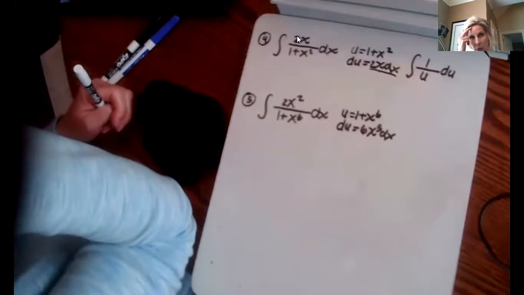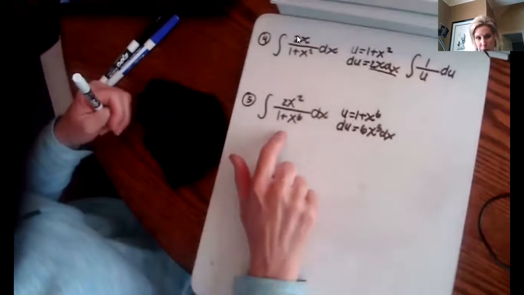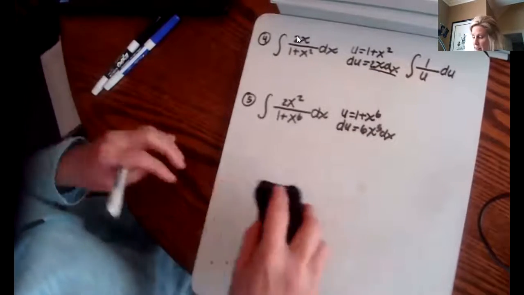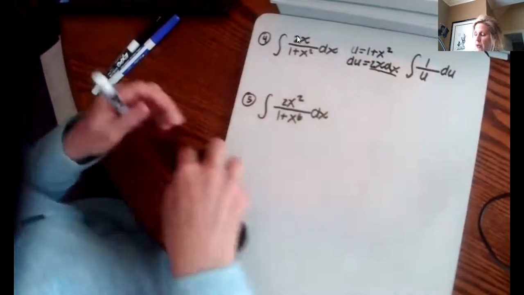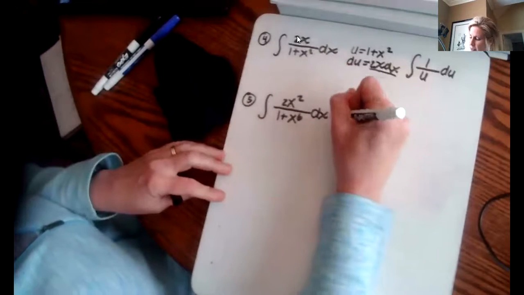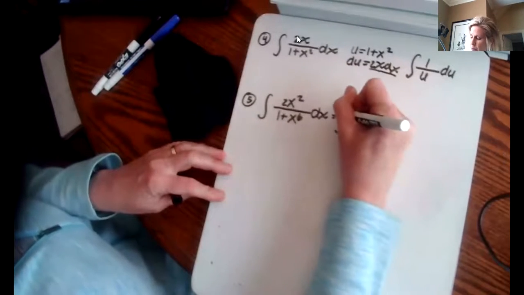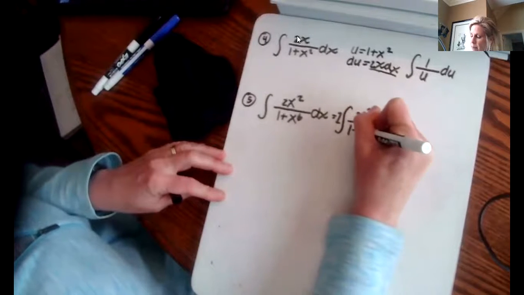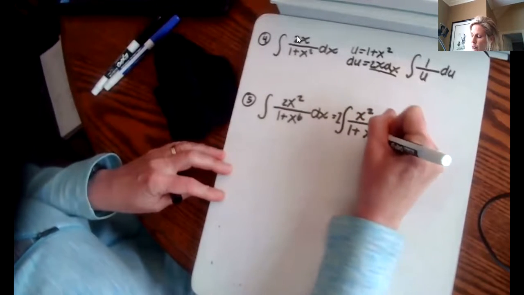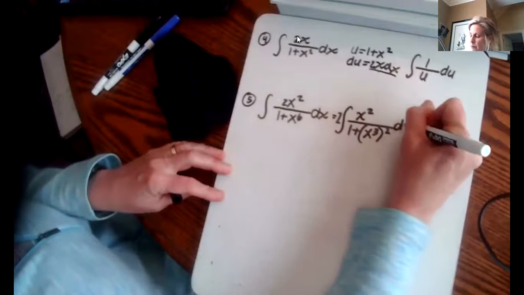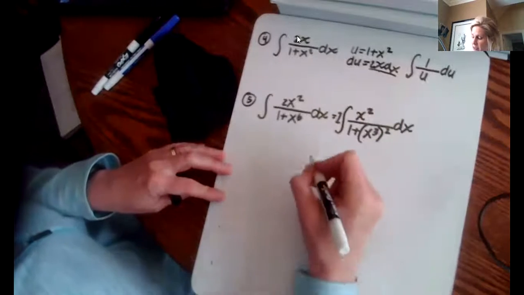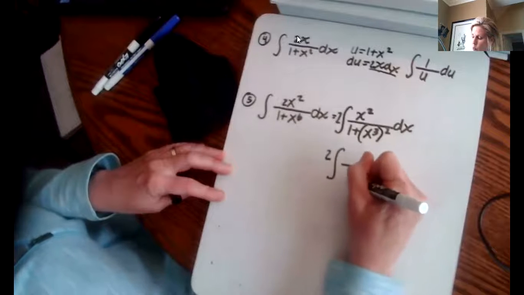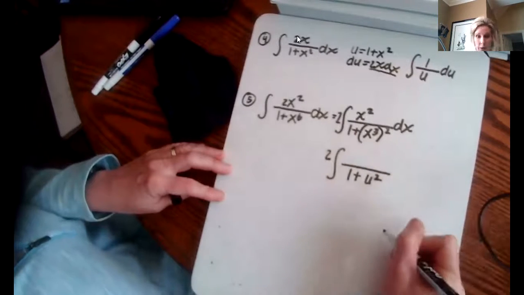So now it makes me go, okay, is this actually the structure of an arc tangent function? There's no square root, so it couldn't be arc sine. So when I look at it that way, I realize that I'm going to pull the 2 out, but I could leave x squared on the top. What if I made the x to the 6th, x to the 3rd squared? Now, if I did that, could I rewrite the bottom as 1 plus u squared?